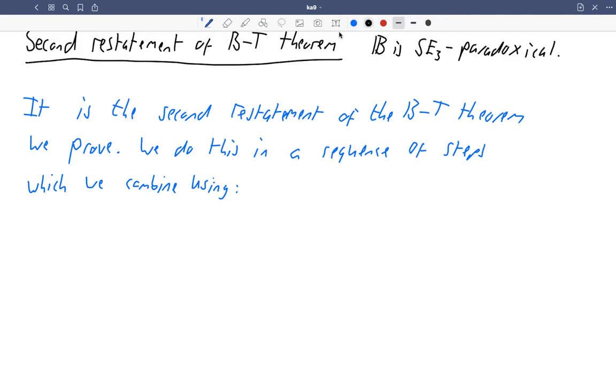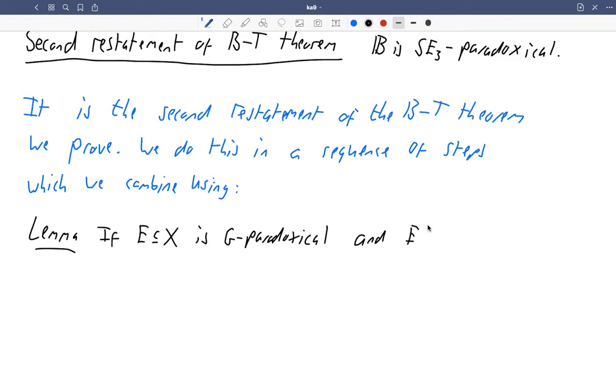So let's put the lemma in black, which is: if we have a subset E of the set the group is acting on and it's G-paradoxical, and we have another subset E prime that's equidecomposable with E, then E prime is also G-paradoxical.